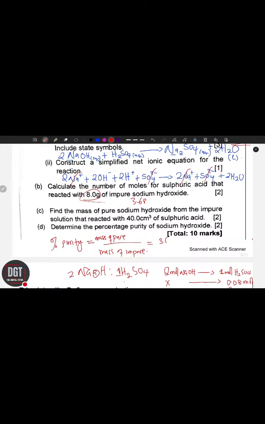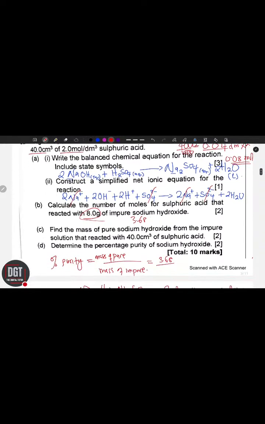So here you have 3.68 divided by the mass of the impure, which is 8.0 grams, multiplied by 100. What is it going to give us as a percentage purity? Someone to calculate 3.68 divided by 8 multiplied by 100. What is it giving us?